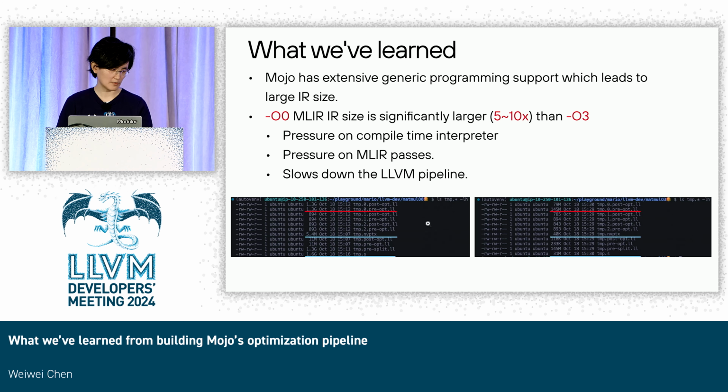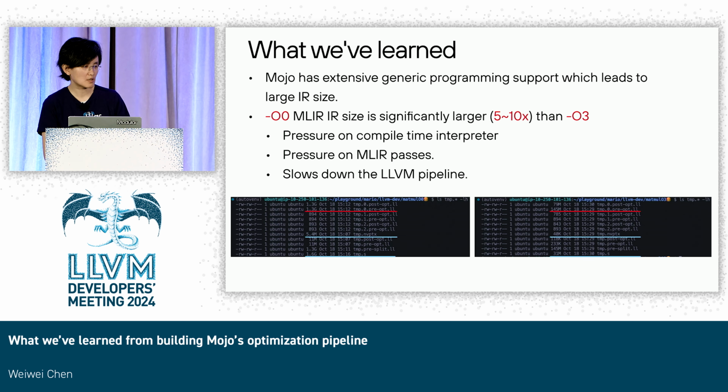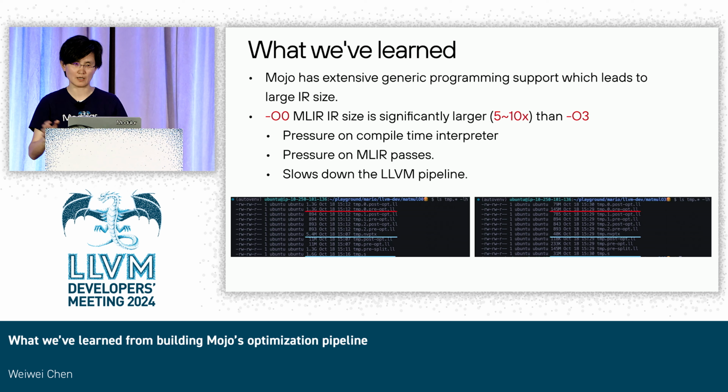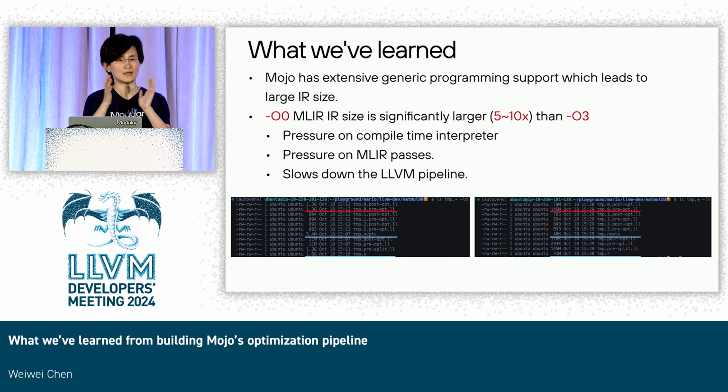As you can see from some of the profiling data here, before LLVM optimization, O0 is about 10x larger than O3. And after LLVM, some of them have about a 100x difference. So for O0, a really large IR size puts a lot of pressure on the whole compilation pipeline, both the LLVM part and the MLIR part.